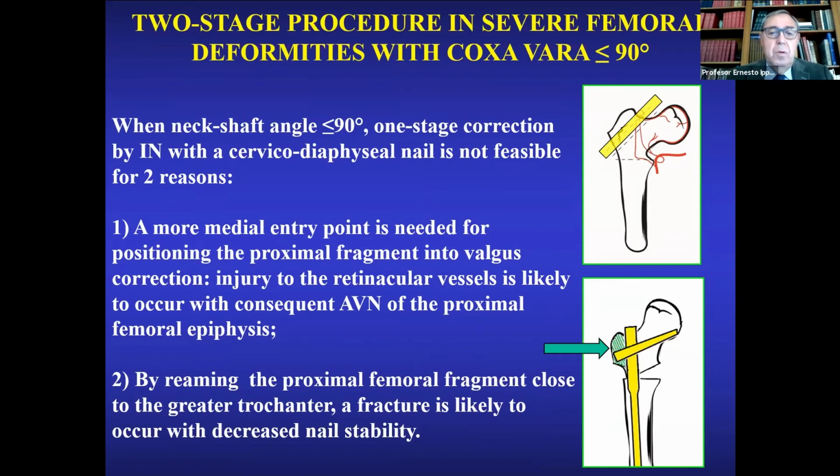Injury to the retinacular vessels is likely to occur with consequent avascular necrosis of the proximal femoral epiphysis. Second reason, by reaming the proximal femoral fragment close to the greater trochanter, a fracture is likely to occur with decreased nail stability.